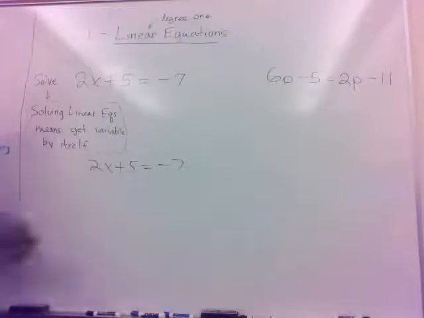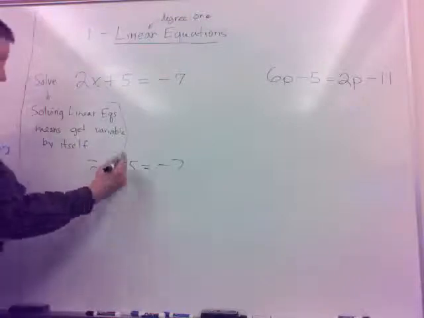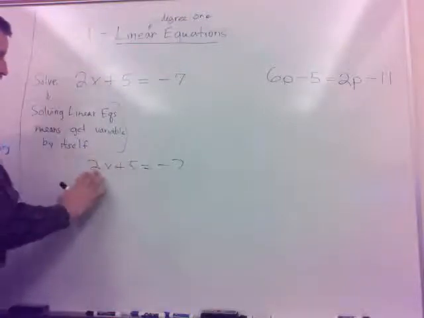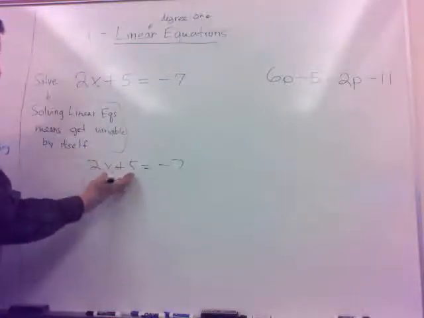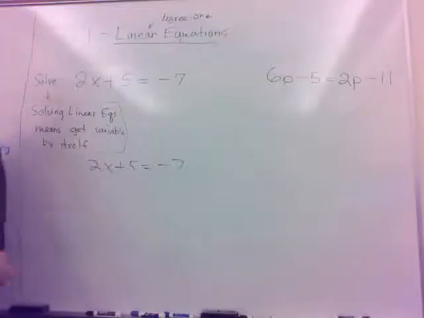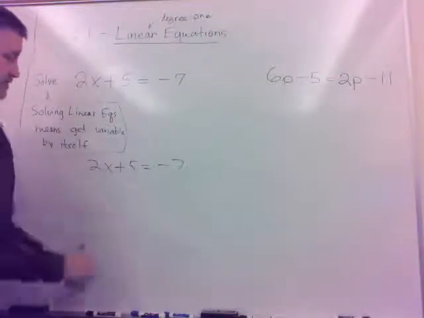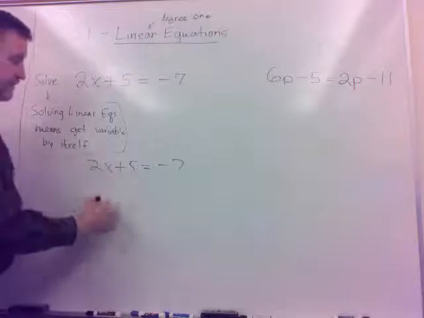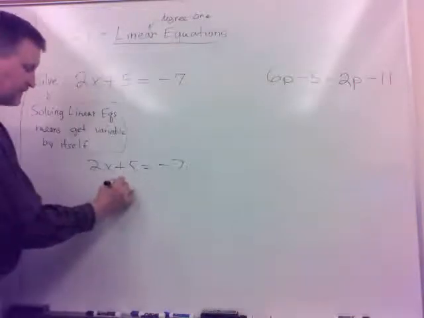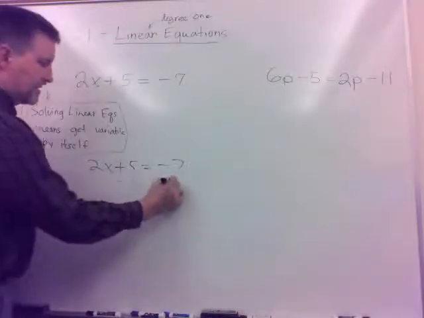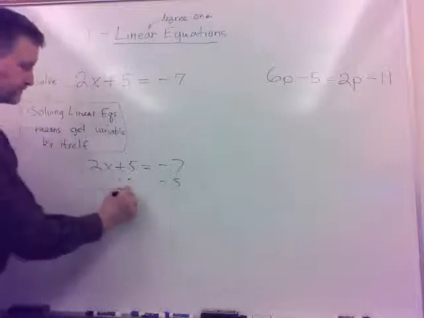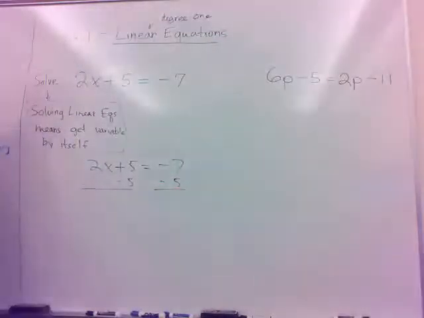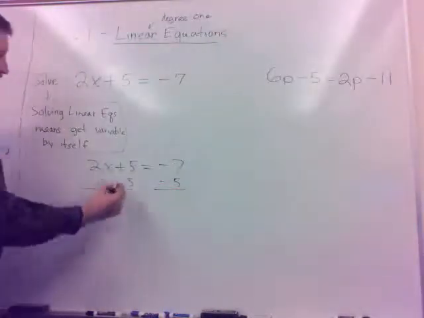So I want to do the same thing to both sides and work my way to get x on a side by itself. What I need to do is get rid of this 5 and get rid of this 2, by doing the inverse operation of each of those. This is plus 5, so to get rid of it, we subtract the 5 from both sides.